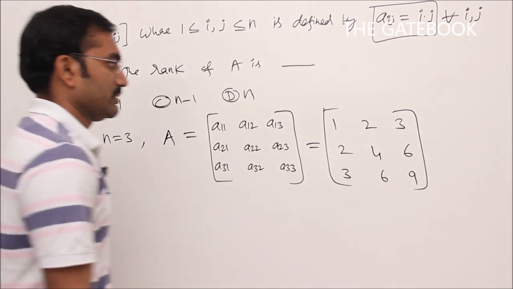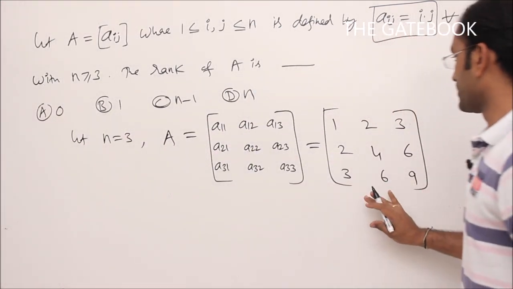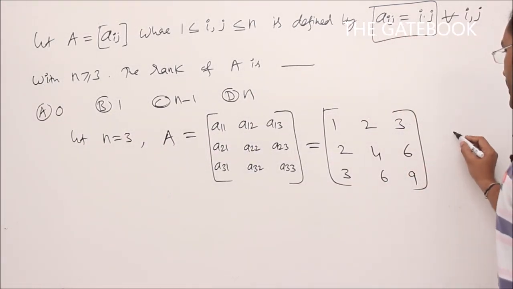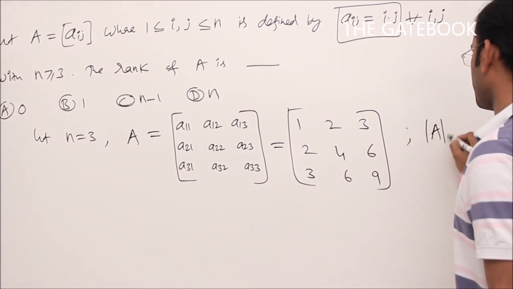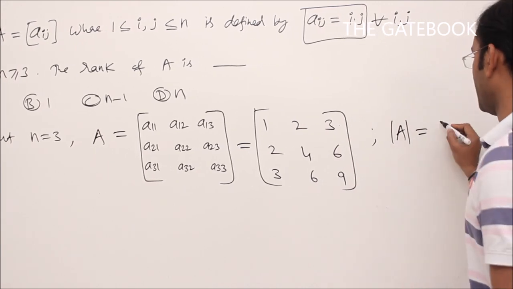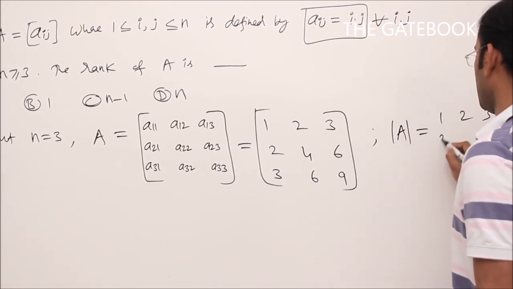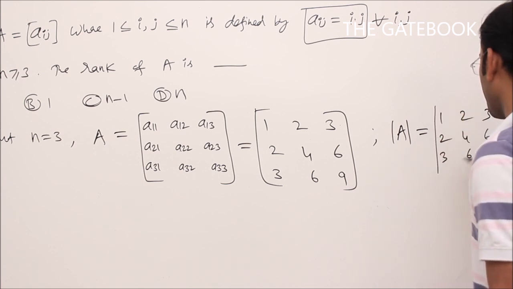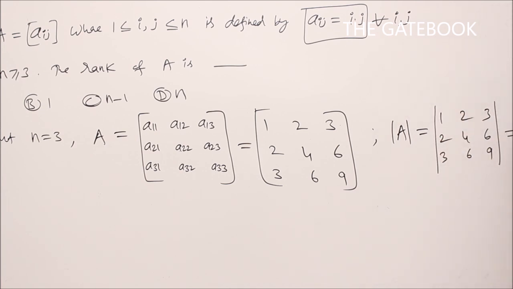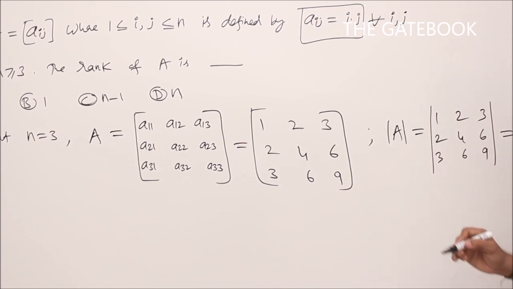Now see here, to find rank of this matrix, I will find the det A value. Det A: 1, 2, 3, 2, 4, 6, 3, 6, 9. So determinant of this matrix is 0. How can you say determinant of that matrix is 0?